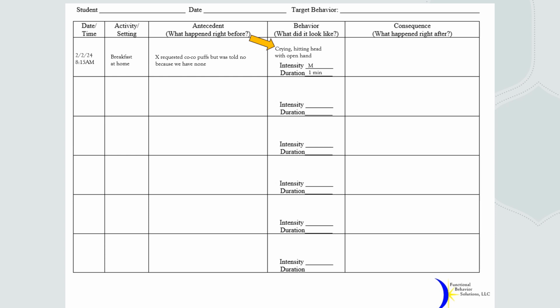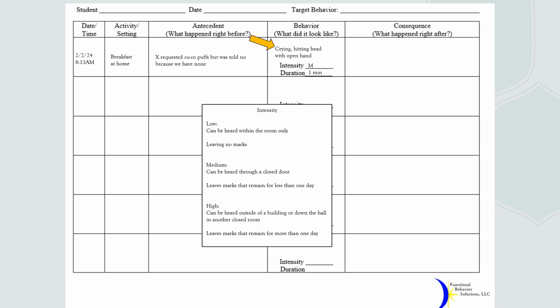When you do the intensity, you may have defined that, and I'll go over that in a minute. I put an M here to mean medium, and so you want to define those intensities because what means medium in one situation may be different than the other.